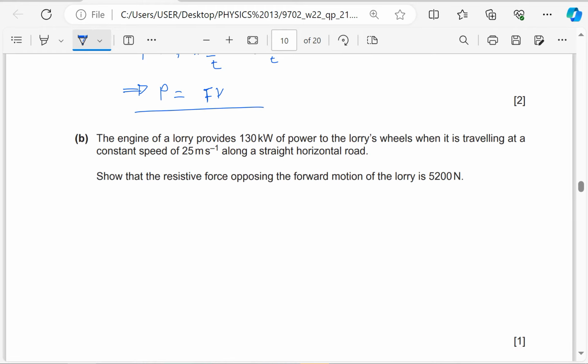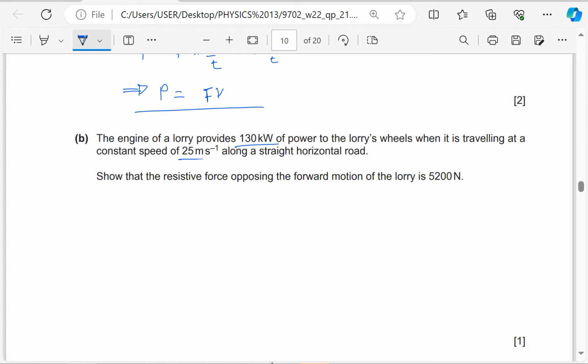The engine of a lorry provides 130 kilowatts of power to the lorry's wheels when it is traveling at a constant speed of 25 meters per second along a straight horizontal road. Show that the resistive force opposing the forward motion of the lorry is 5,200 newtons.